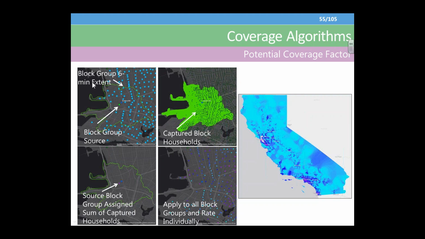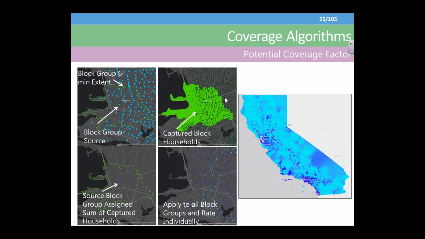So for example, this is kind of zoomed in around, I think it was around Oakland or Emeryville. So if there's a block group, this is our seed block group, and we calculate the 6-minute drive time for that block group, indicated by this green outline. Then we overlay that with the positions of all the block population data from the census as well, and we add all those households up.